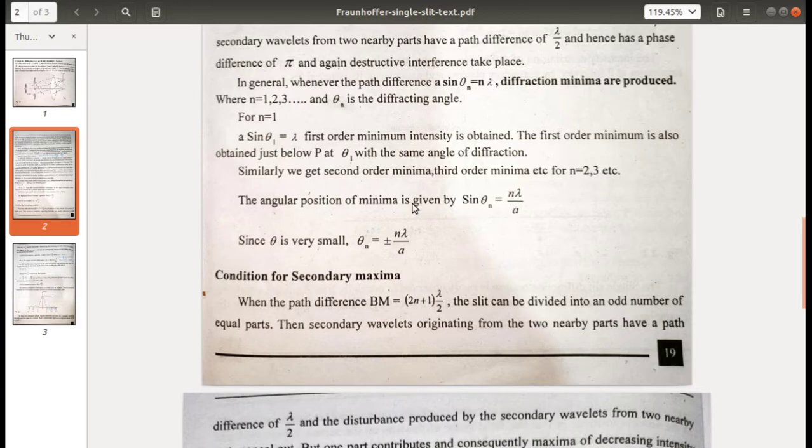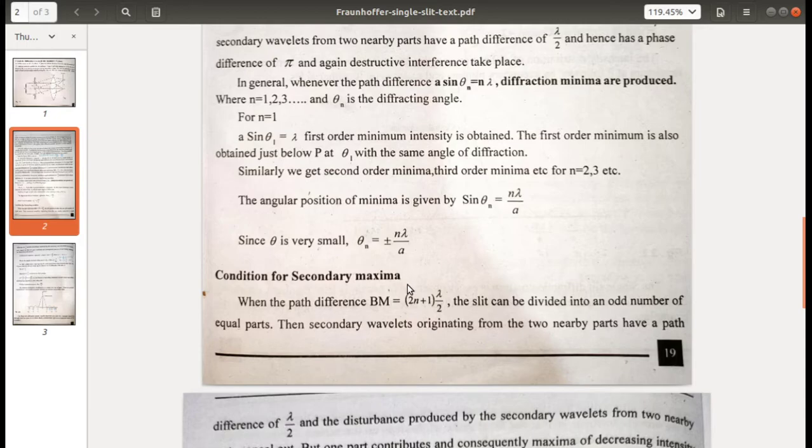The angular position of minima is given by this expression: sin theta n is equal to n lambda by a. So we can find the angle for varying values of n. Since theta is very small, sin theta n converges to theta n, which is equal to plus or minus n lambda by a.